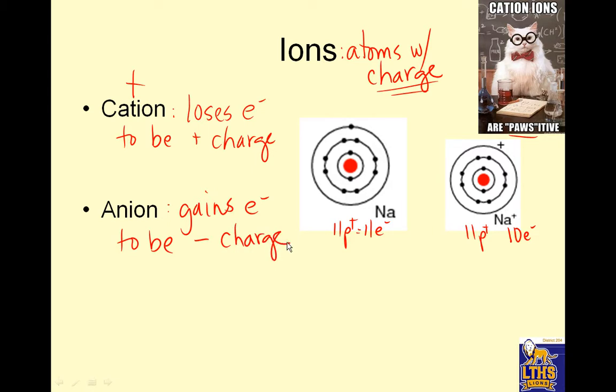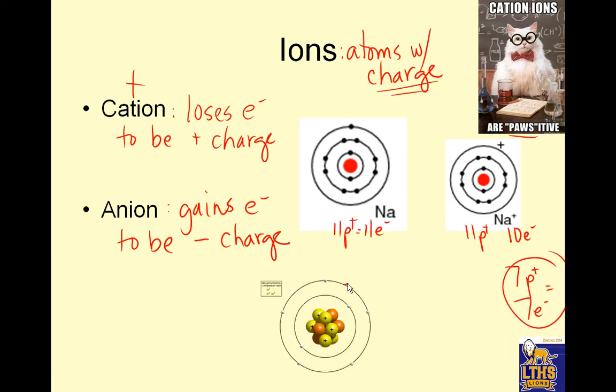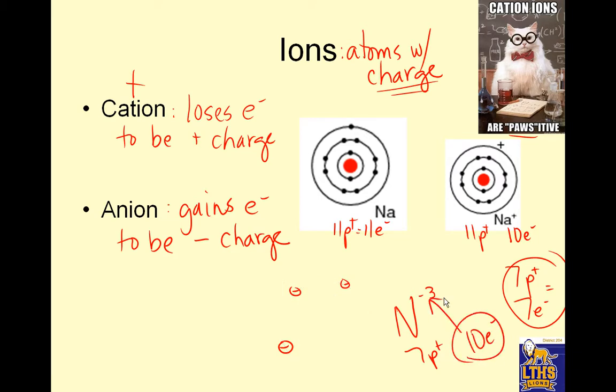If you have an atom with 7 protons, that's nitrogen, and right now there are 7 electrons. It's neutral because those equal each other. But if you have that same atom with 1, 2, 3 extra electrons, then it's nitrogen with a -3 charge. How many protons? 7 protons. How many electrons? 10 electrons. So it's got 3 extra electrons, and that's the charge.